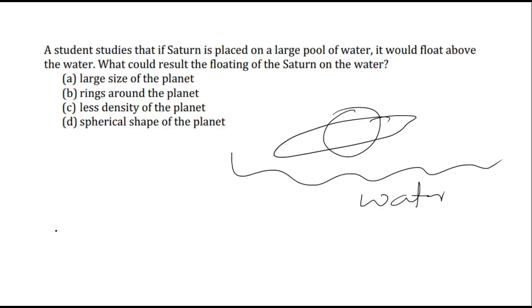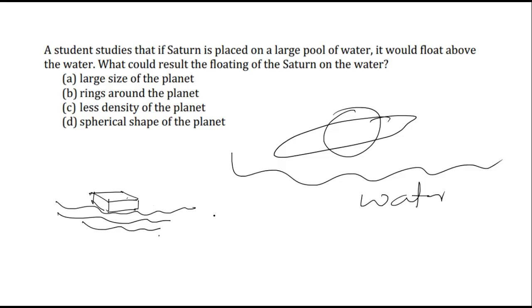First we should understand why objects float. Let's say there is a wooden block and you have placed it in water and it floats. Now why does a wooden block float on water?